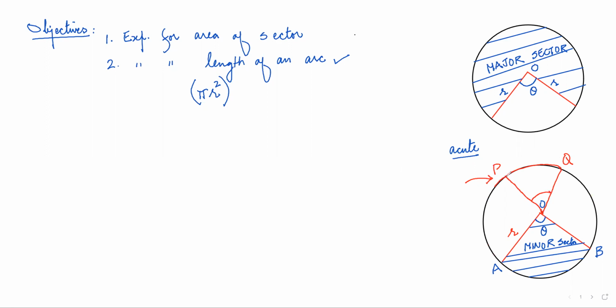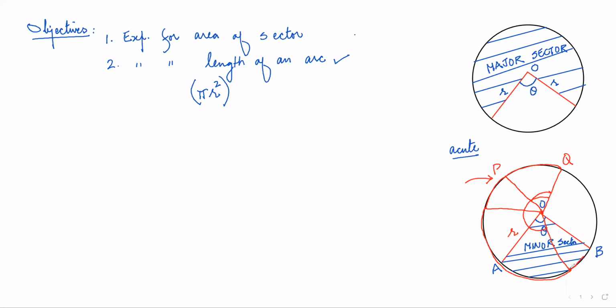When this arc becomes bigger, the angle subtended at the center also increases and the length of the arc also increases. Similarly, students, let us say this arc becomes even bigger, then this angle also becomes bigger.